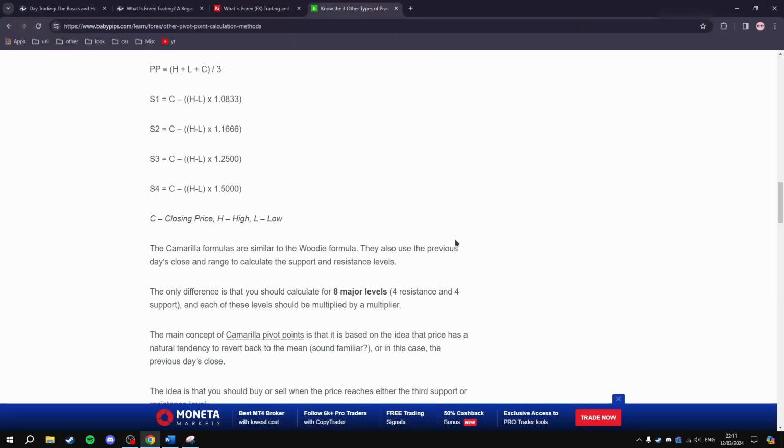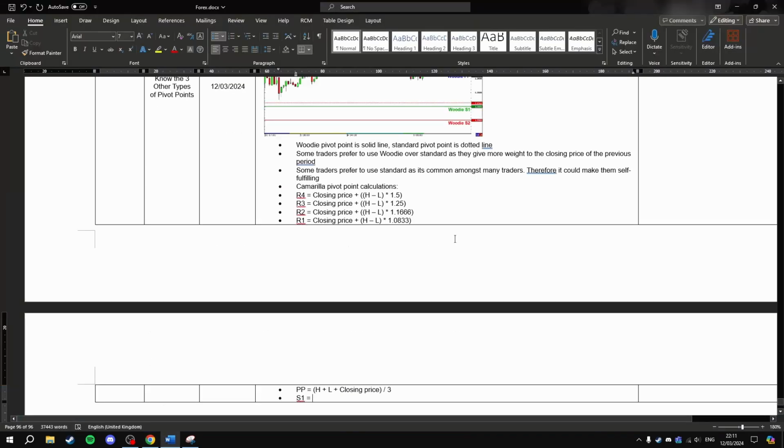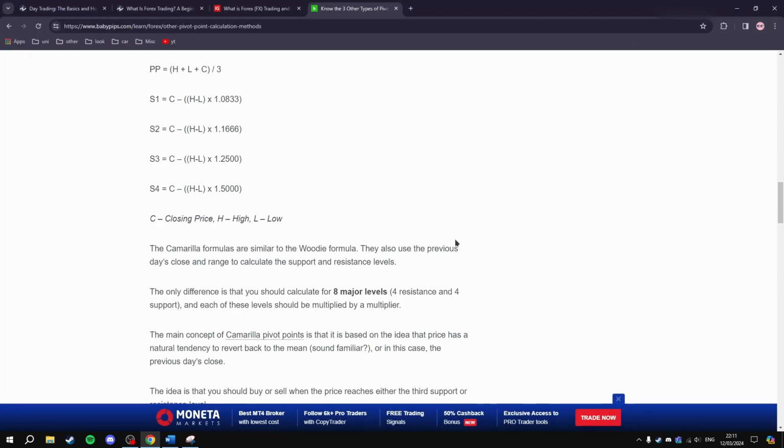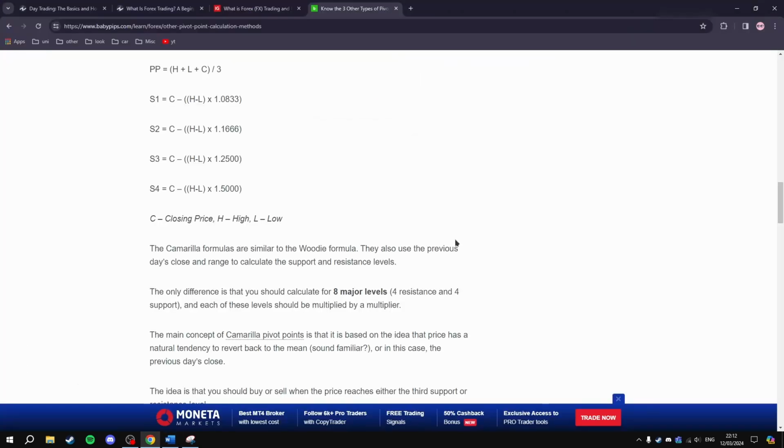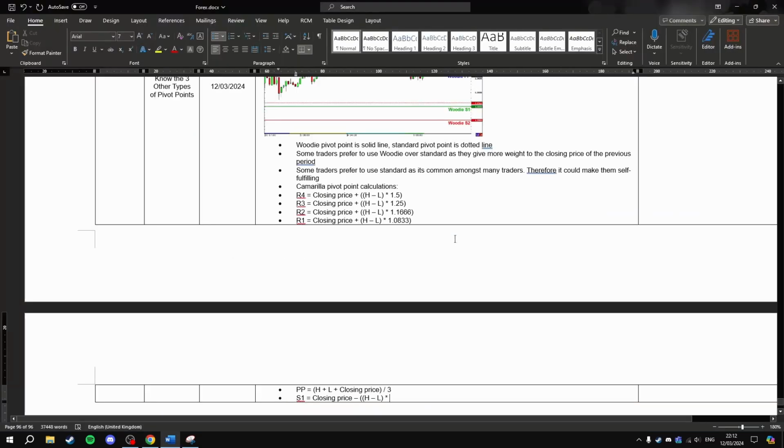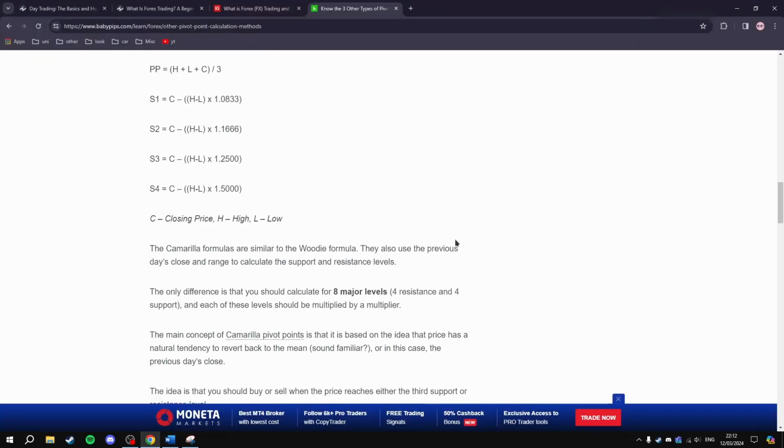Support 1 is equal to closing price minus high minus low times 1.0833. So it's all the same across the board, right?